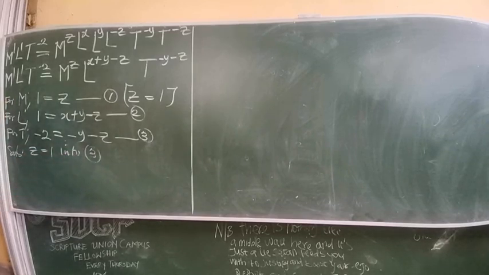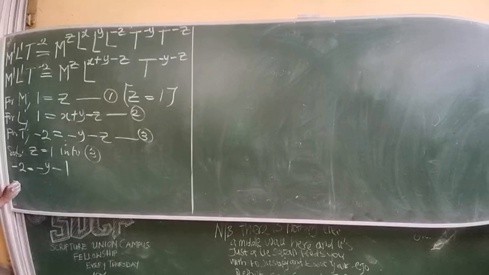So substitute z equals 1 into equation 3. From equation 3, we simply have minus 2 is equal to minus y minus the value of z, which is 1. So in place of z, we simply put the value as 1. To make y the subject, let's simply send minus 1 over to this side of the equation.